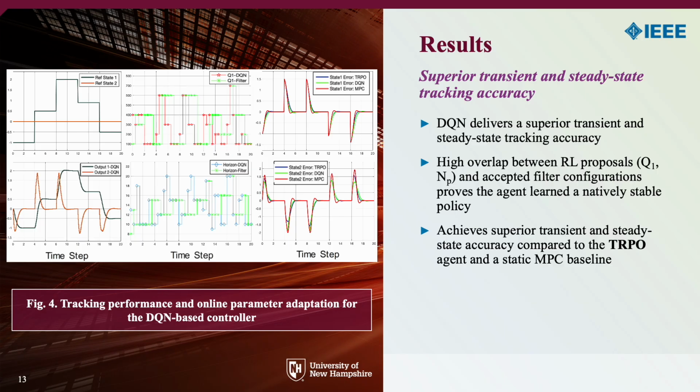The markers show a very high overlap between the RL agent's proposed parameters and the stability-guaranteed parameters. This proves that the agent successfully learned a natively stable policy operating safely within the stability-guaranteed region, with a filter that can perfectly catch any unsafe deviations.